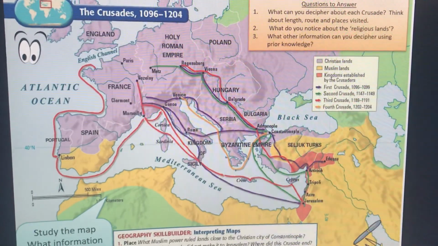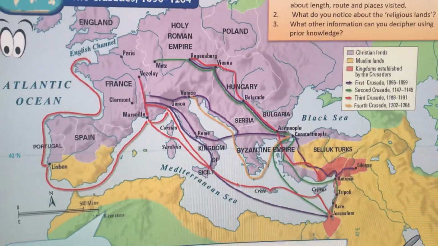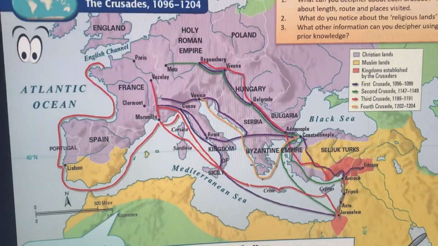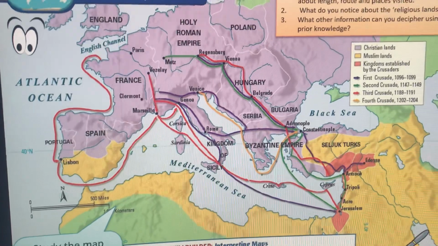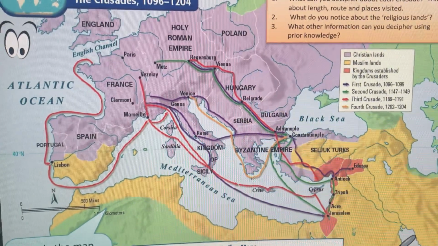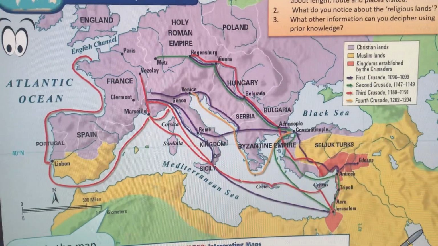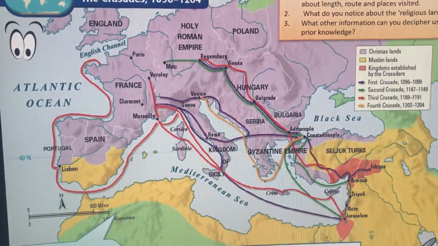Whilst it seems easy, because there's not a lot of writing to do, it's really important that you get as much information as you can from that map. Okay, so I'll leave that to you now and see what you can come up with.